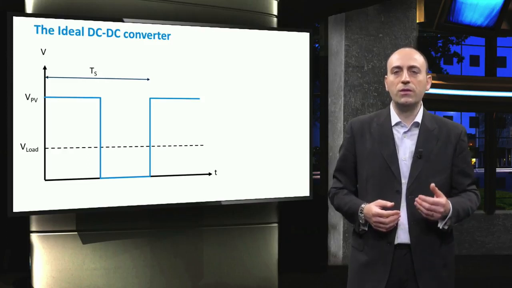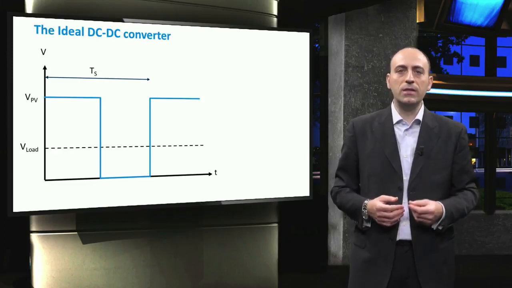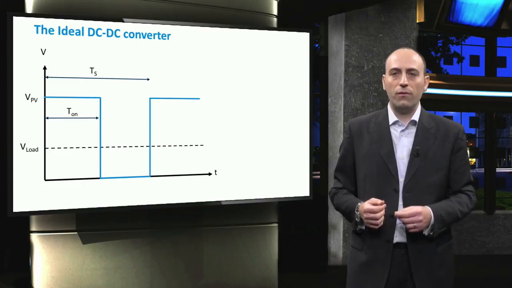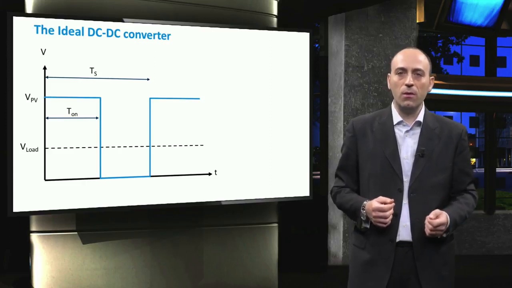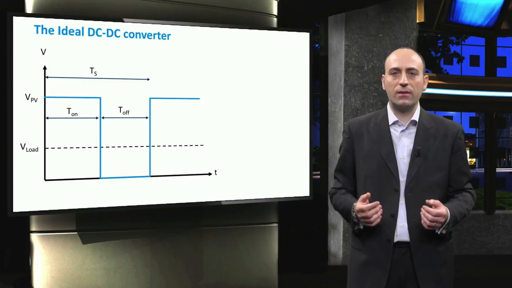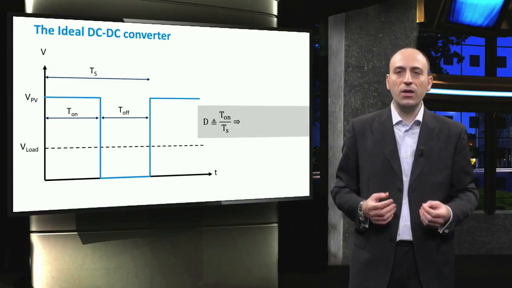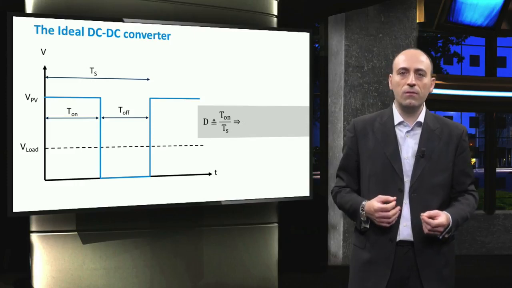The first is called the T-on, and is when the signal is above 0 volts, that is when the circuit is closed. The second is called the T-off, and is when the voltage is 0, that is when the circuit is disconnected. Then the duty cycle is defined as the ratio between the T-on and the time interval, or one entire cycle.